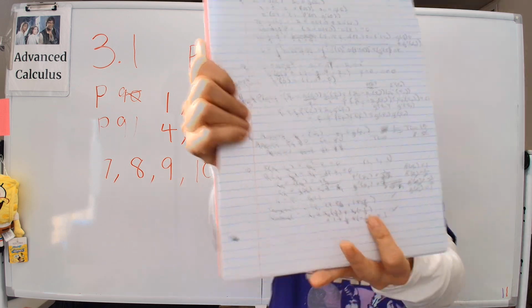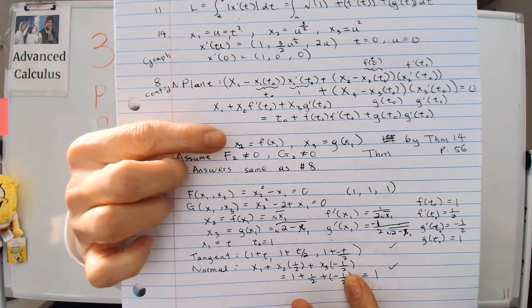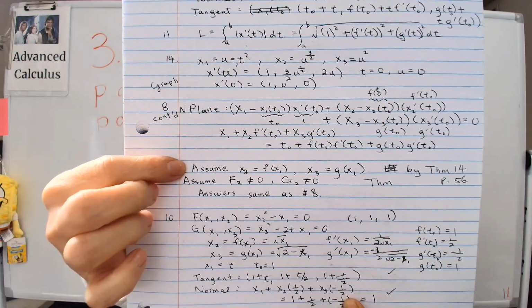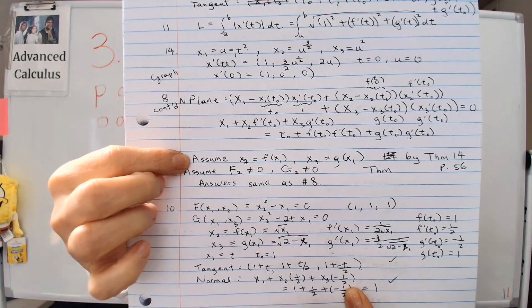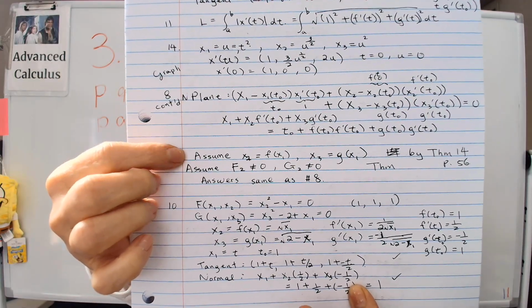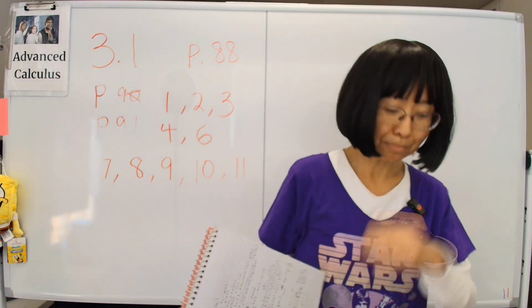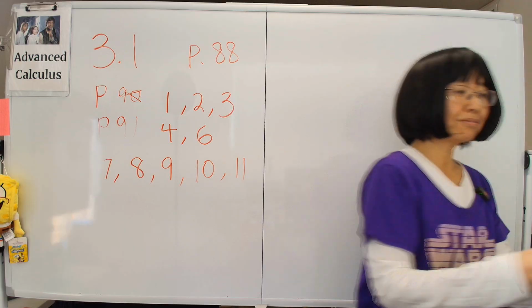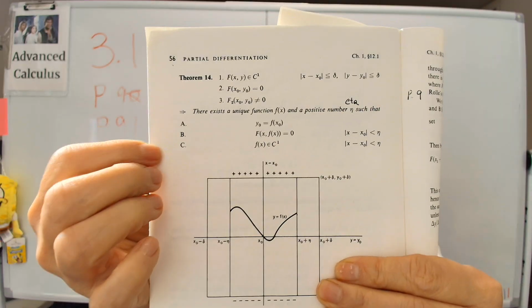So problem 9, being the f and g functions, we'll assume that we can pull x2 out of the function, so that x2 is some function of x1, and x3 is some function of x1 as well. Now, the possibility of this is from the implicit function theorem, okay? That for 2 variables, which we have done on page 56 of your book.